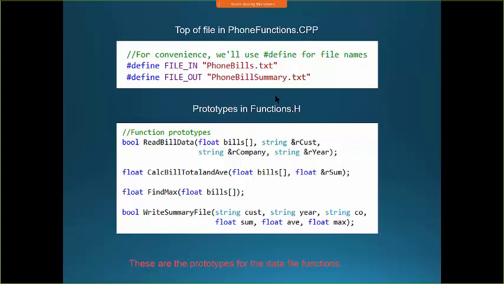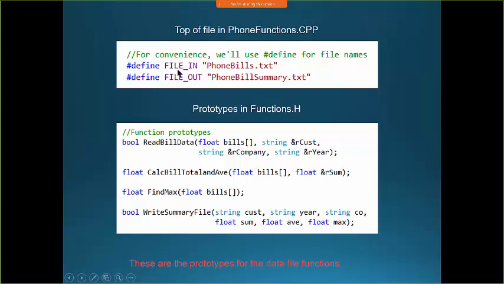It's far better, rather than putting 12 in there, to use a define statement to define the number of bills per month within your program, and make a constant out of it.